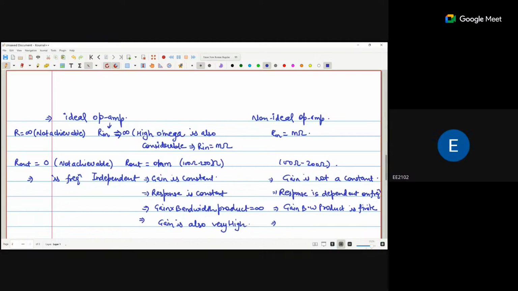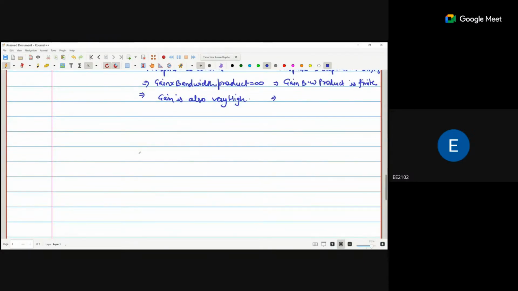So week 7 is completely on the non-ideality of the op-amp. Here, A(s) is either 1000 upon s, or 10,000 upon s, or 100 upon s, or 500 upon s.